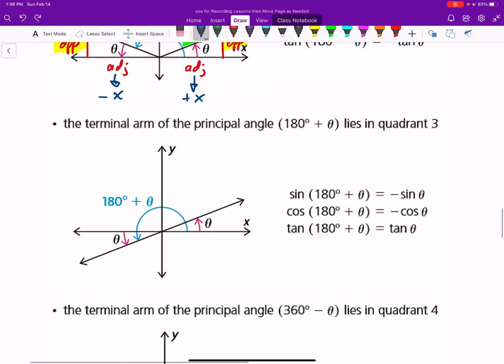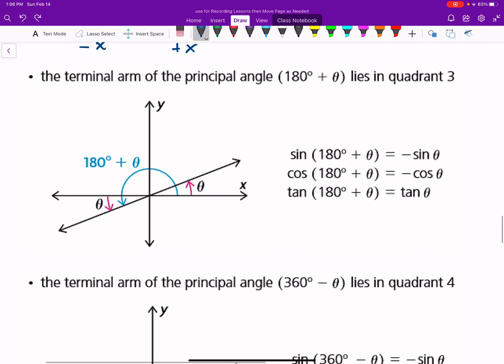And the same thing's going on in quadrant 3, except that now in quadrant 3, both the y and the x are negative. We're measuring it on the negative x-axis and the negative y-axis compared to positive y and positive x here. So opposite over hypotenuse is going to become negative in quadrant 3.